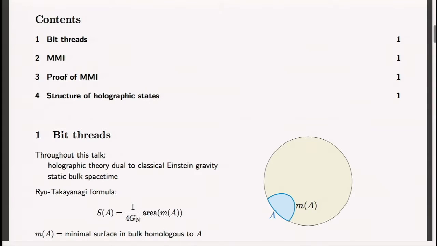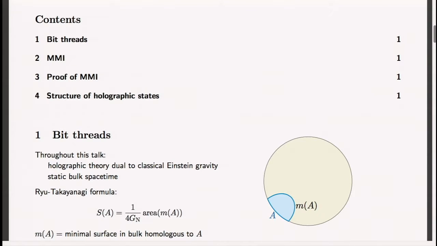This is a picture of a constant time slice through a static space-time, and I have some region A. The surface in the bulk, whose area tells me the entropy of A, is simply the minimal surface which is homologous to A. Homologous means there exists a bulk region that interpolates between A and that surface.